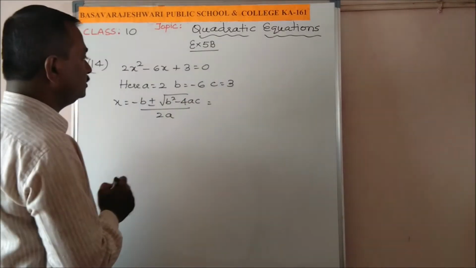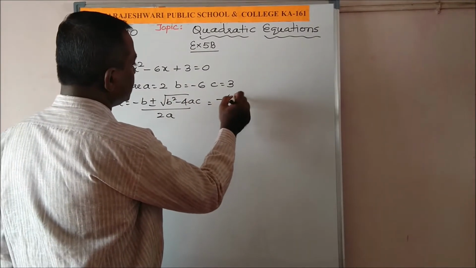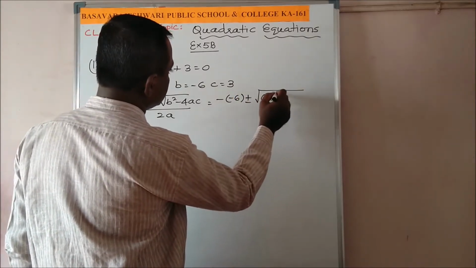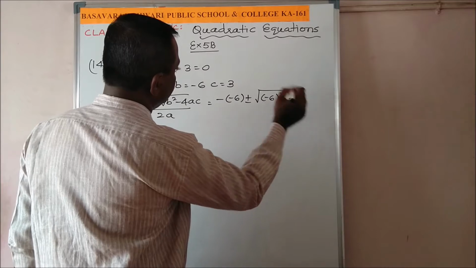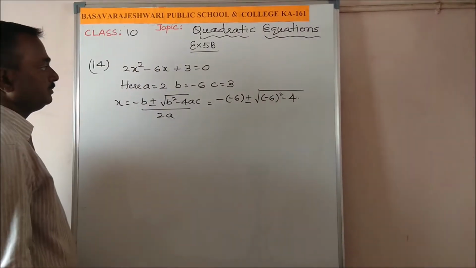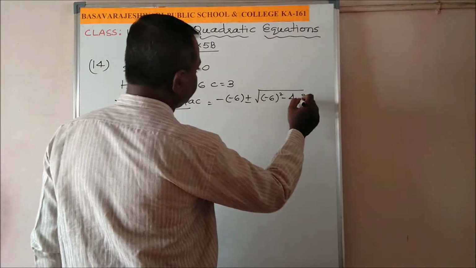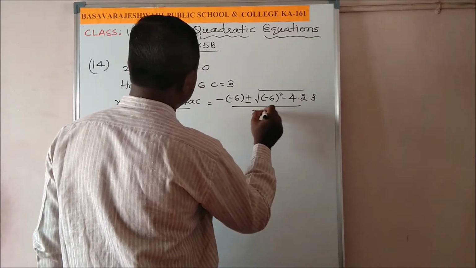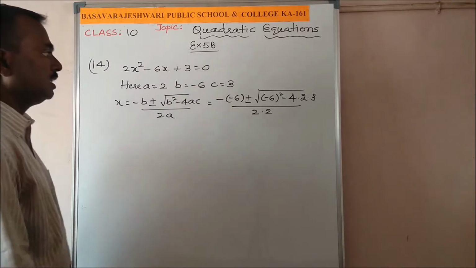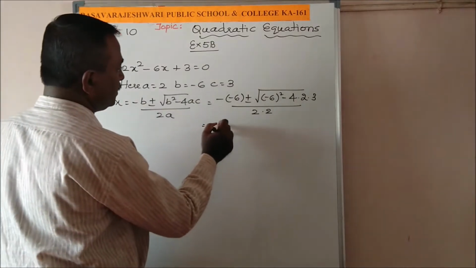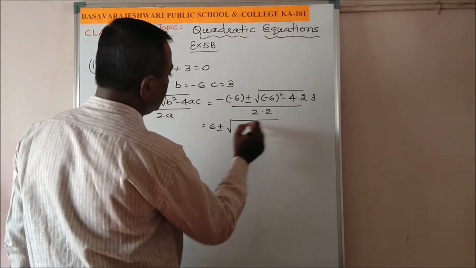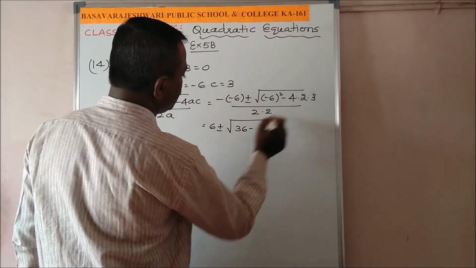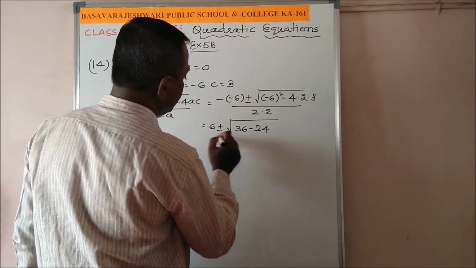That is equal to minus of minus 6 plus or minus root of b square, means minus 6 whole square, minus 4 into a, means 2, c means 3, by 2 into 2. Correct?